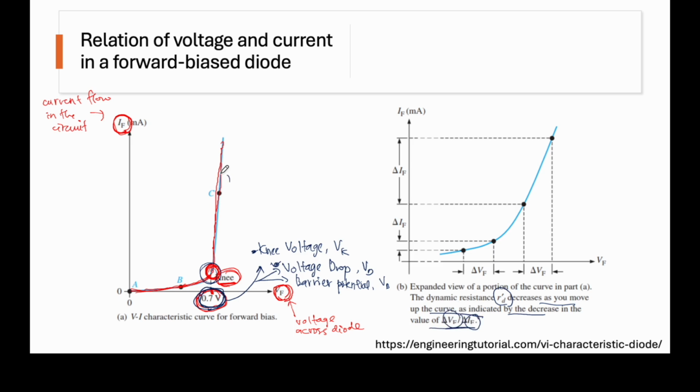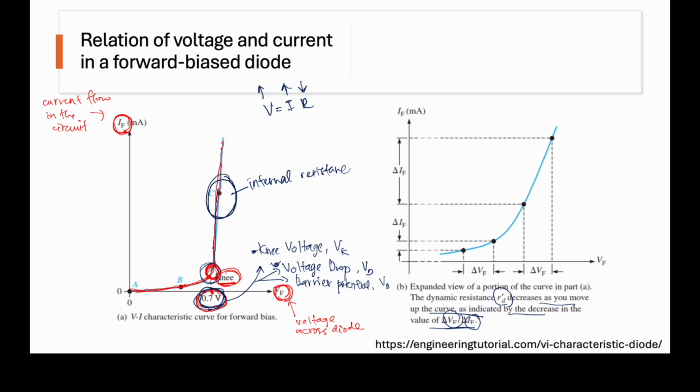At this part, since the graph moves rapidly, we can say that the internal resistance inside the diode is decreasing, because we know V equals IR. When your I increases, then your R will decrease, in order to make your V increase.